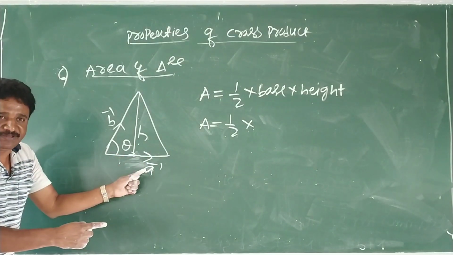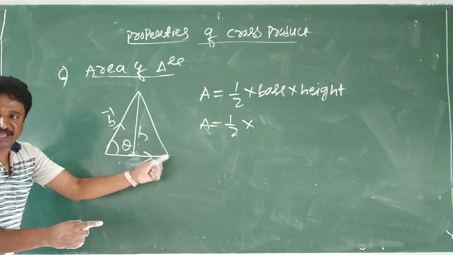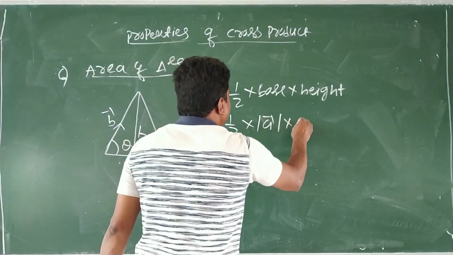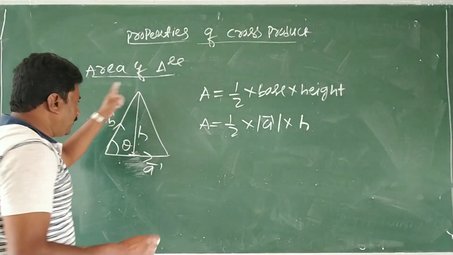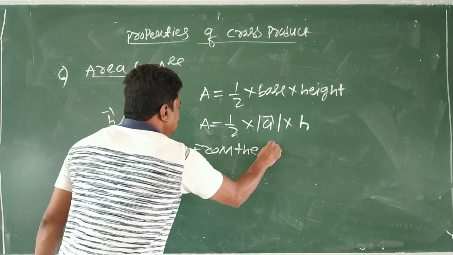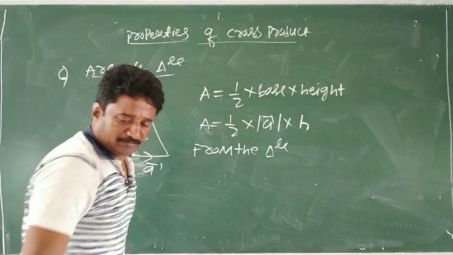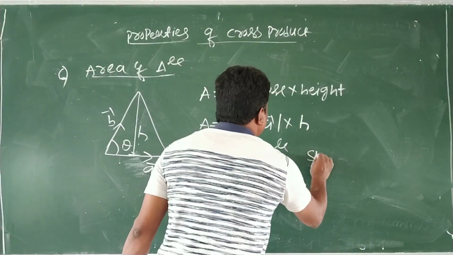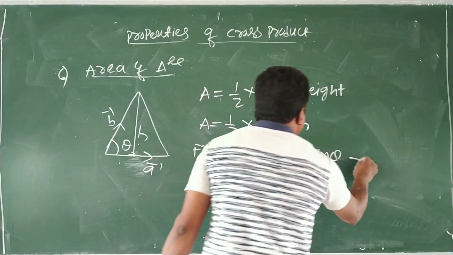Base means the length of vector A. Length of vector A into H. So now from the triangle, sin theta. Tell me sin theta, students. From the triangle, sin theta.